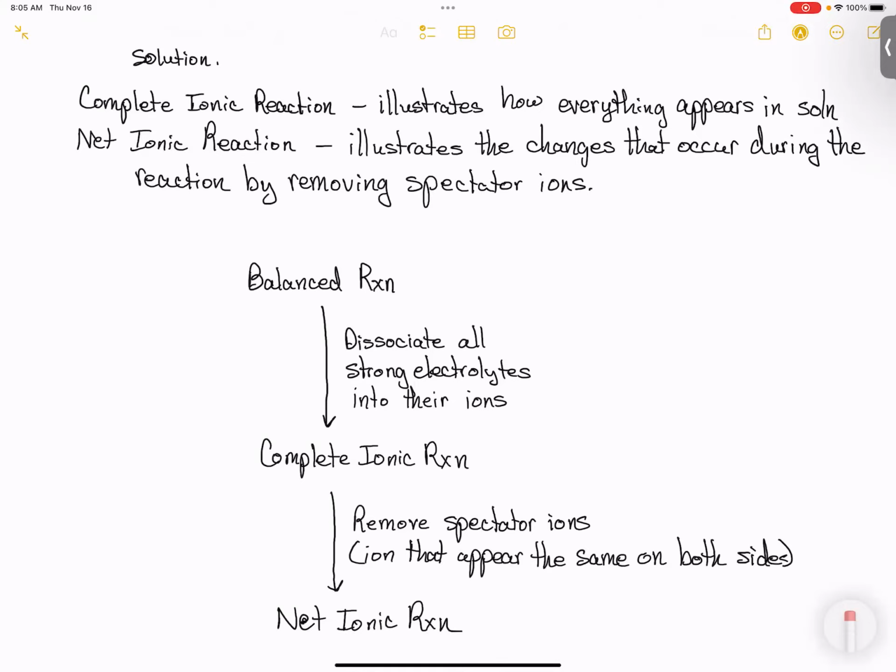They go in unbruised and hopefully come out unbruised. They basically go in and come out similar, whereas the players of the game go in and come out changed in some form or fashion. And so a net ionic reaction is going to show the players, the ones that actually undergo a change during the reaction process.